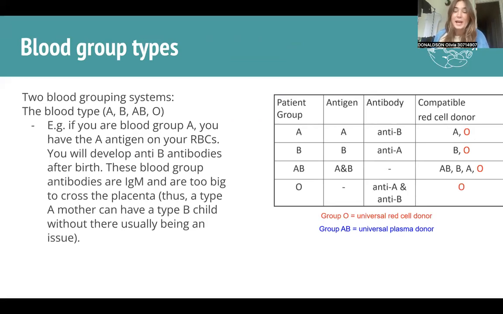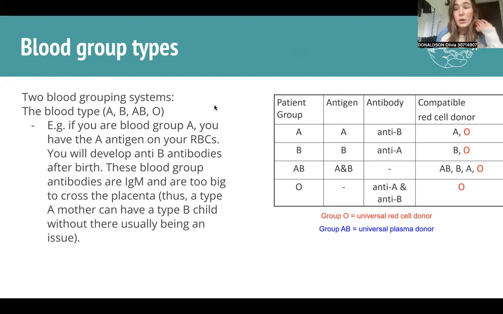That's because group AB doesn't have any anti-A or anti-B antibodies in the plasma. So that one's good to know. Also, if you're blood type AB, you're the universal recipient for blood, so you can take anyone's blood. The most common blood type is O positive, and I think the least common blood type is AB negative.